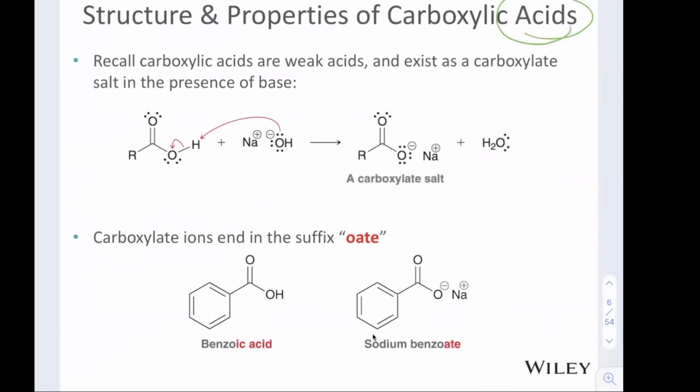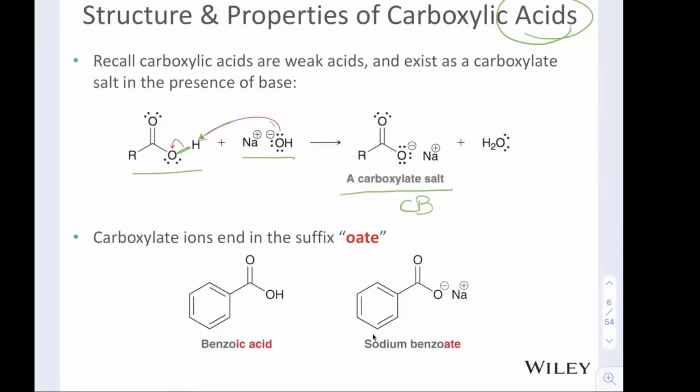And so what happens is we have a base reacting with our carboxylic acid. The lone pair from the oxygen reaches out and forms a new bond with the hydrogen. And then the two electrons in this bond hop onto the oxygen, creating what's called our carboxylate salt, or simply our conjugate base.